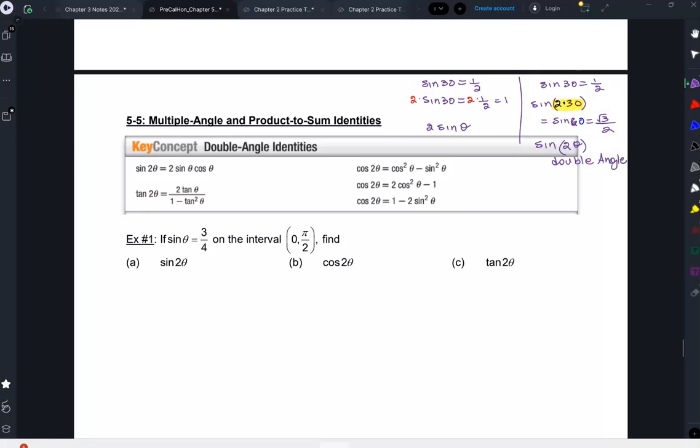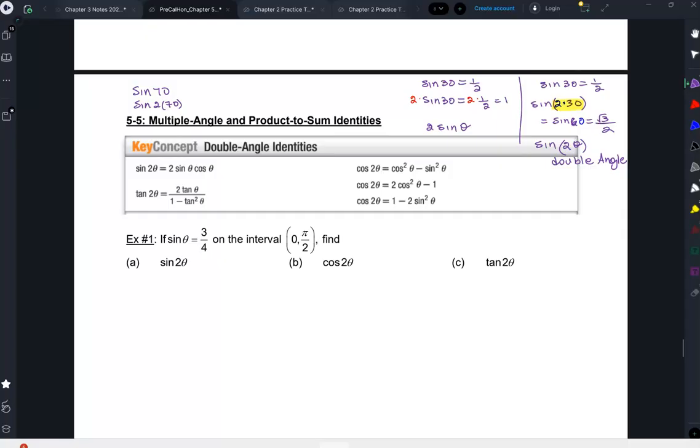right? And what's important with double angles is the following. When our original angle was 30, it was in the first quadrant. Double angle of that, 60, is still in the first quadrant, right? But what if my original angle was 70? Sine of 2 times 70 would be in another quadrant completely.